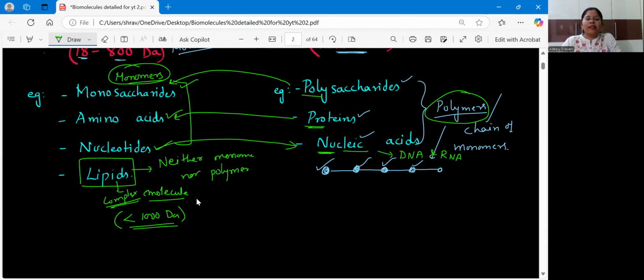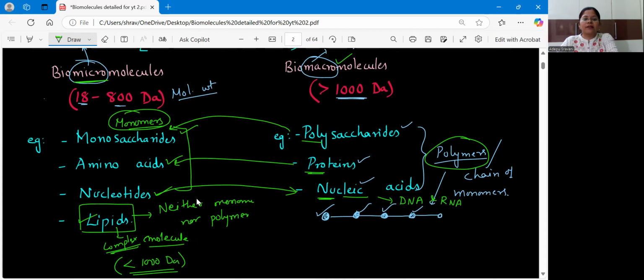So if the molecular weight is less than 1000 daltons, then such molecules we consider under biomicromolecules. So these are the two different types of biomolecules which are present in our body, micro and macromolecules, wherein polymers will be considered as macromolecules, monomers will be considered as micromolecules. And if you talk about lipids, they are neither monomers nor polymers. They are complex molecules, which are also a type of biomicromolecules.